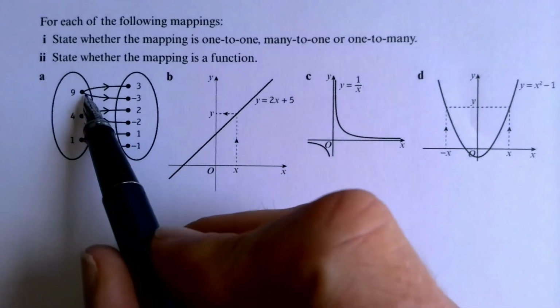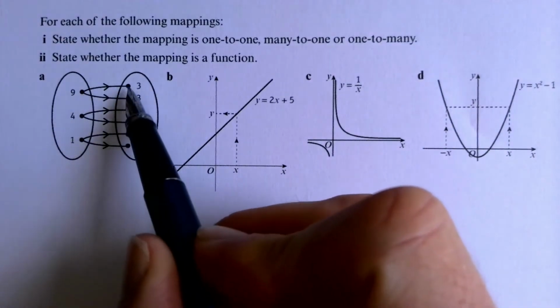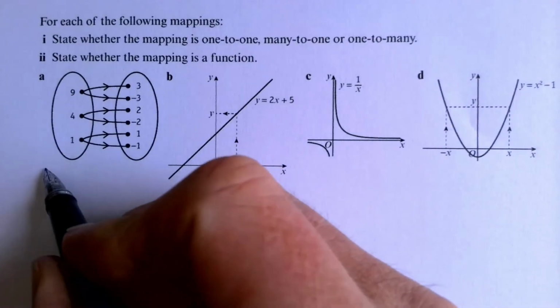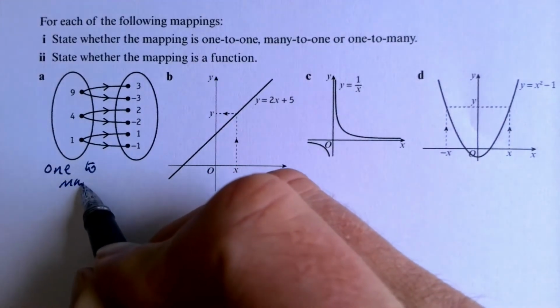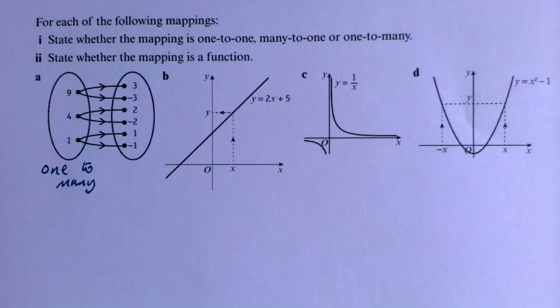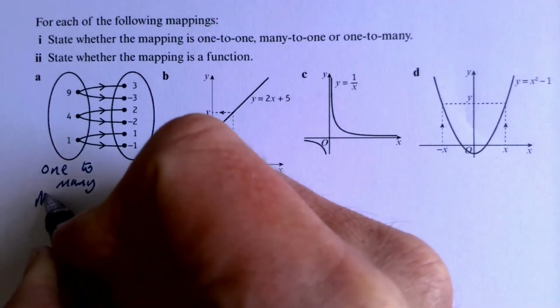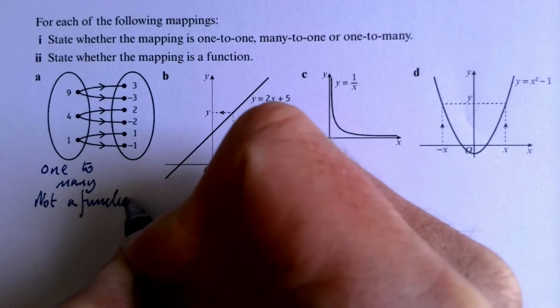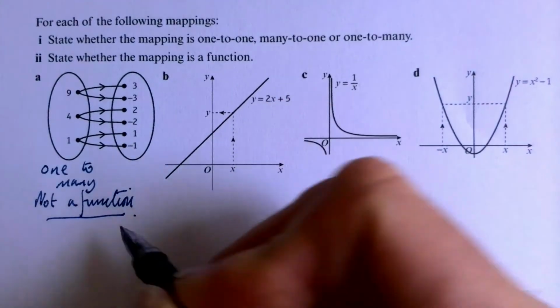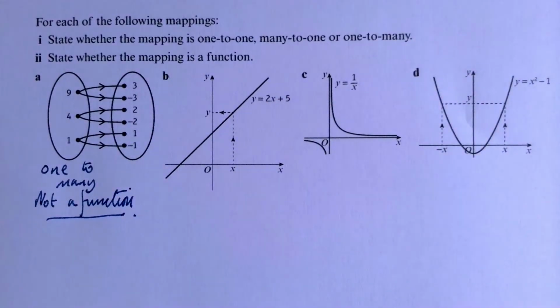So this one here, you're going from one and it's giving you more than one, so that is one to many, and that means it's not a function. Okay, so that's A, not a function.